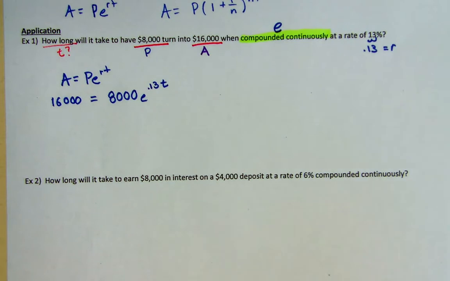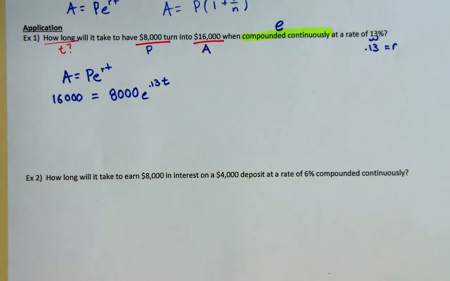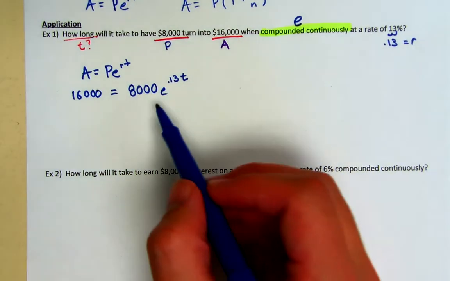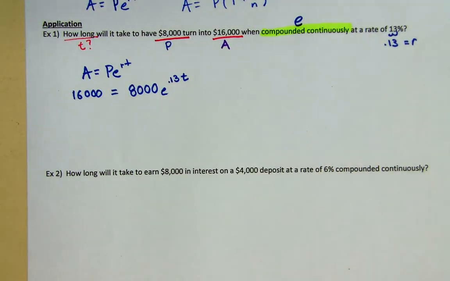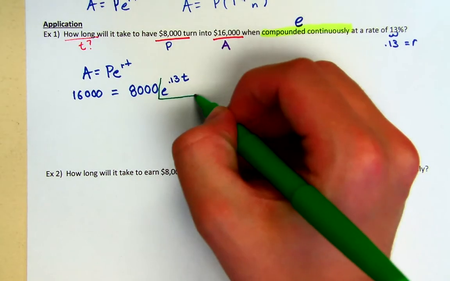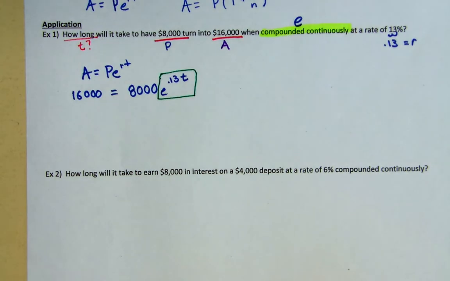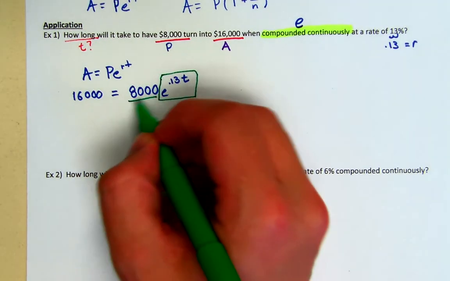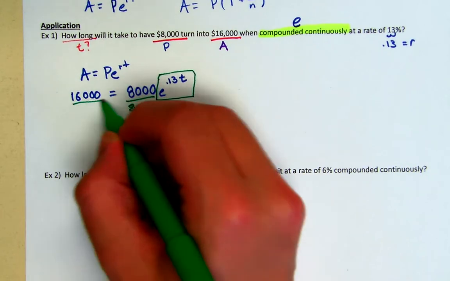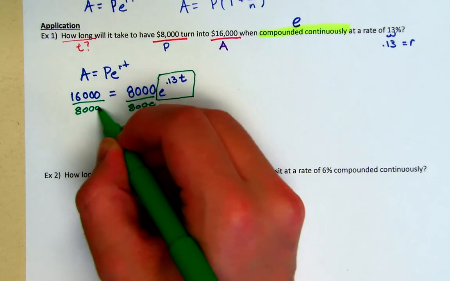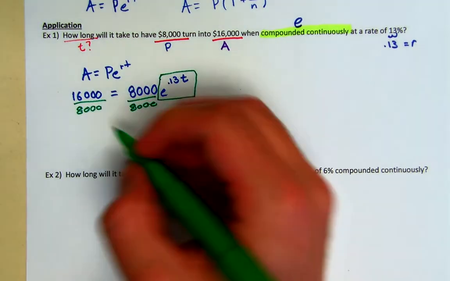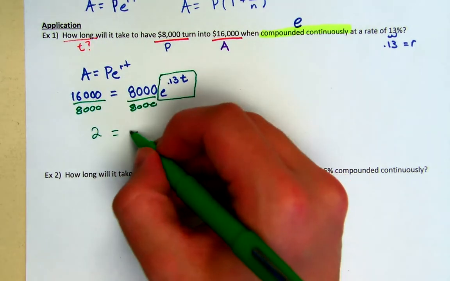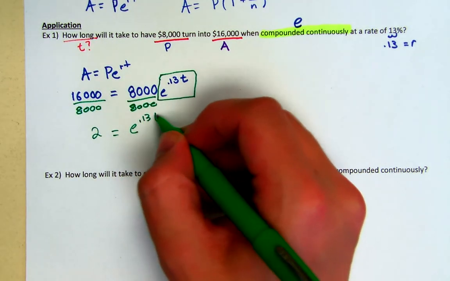So now I want to find time. The first step you need to do here is isolate this part. We need to get E alone so that we can change forms. So get rid of 8,000. 16,000 divided by 8,000 is 2, equals E to the 0.13t.